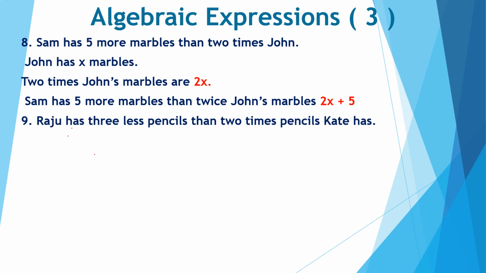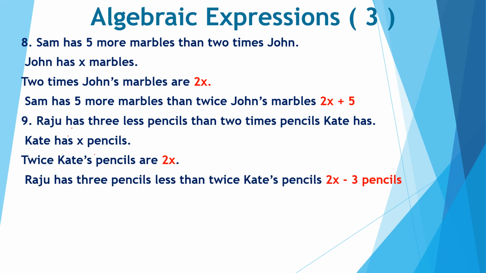Raju has 3 less pencils than 2 times pencils Kate has. Kate has x pencils. Twice Kate's pencils are 2x. Raju has 3 pencils less than twice Kate's pencils. We can write this as 2x minus 3.